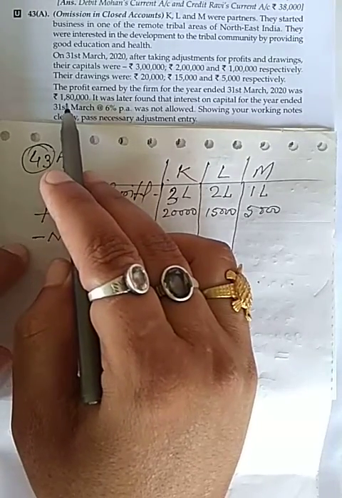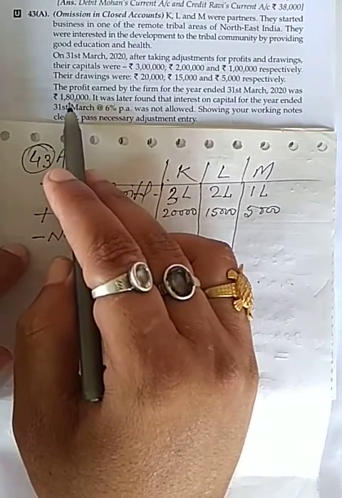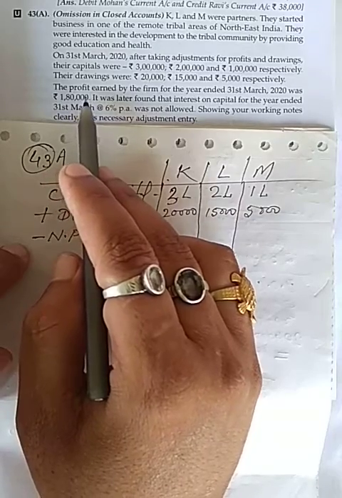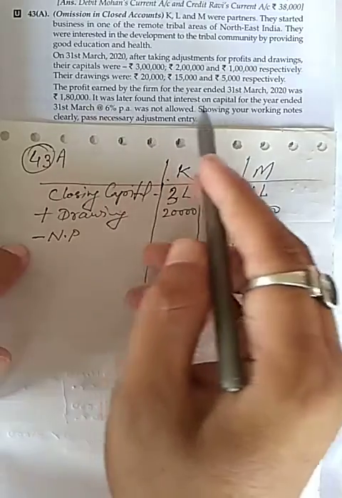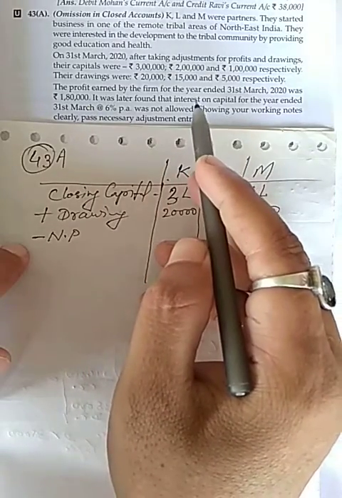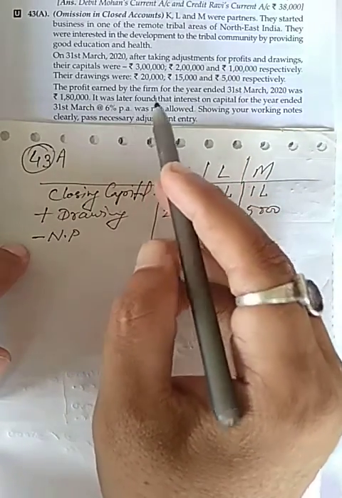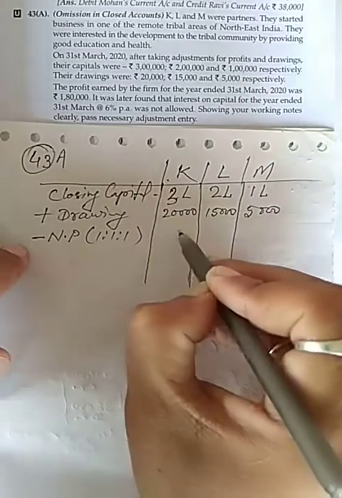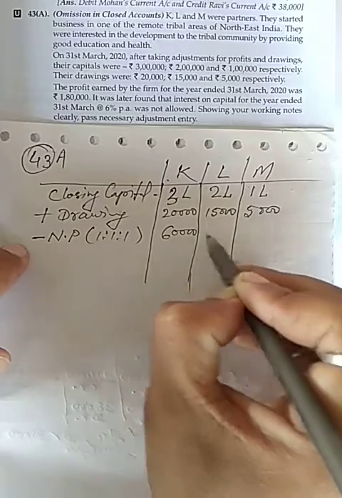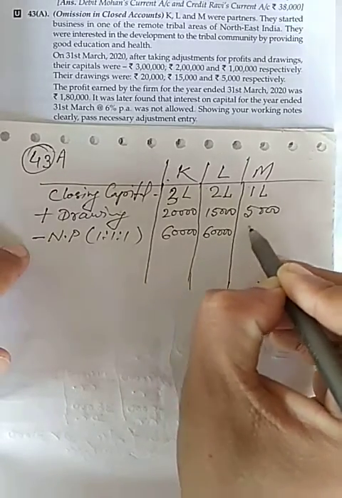Net profit is given 1,80,000. It will be equal because the partners' sharing ratio is not given in the question, so it will be 60,000, 60,000, 60,000.